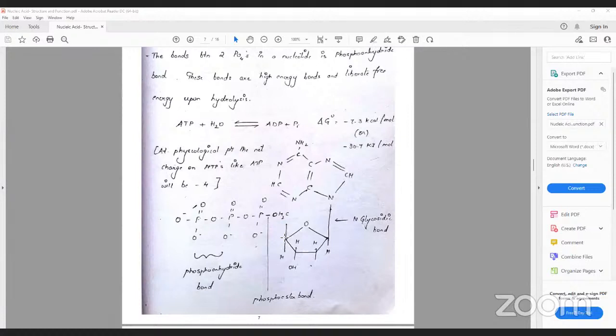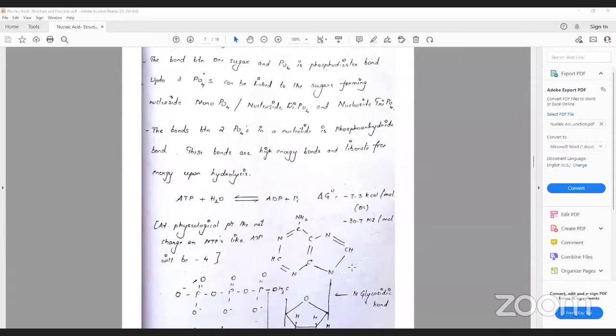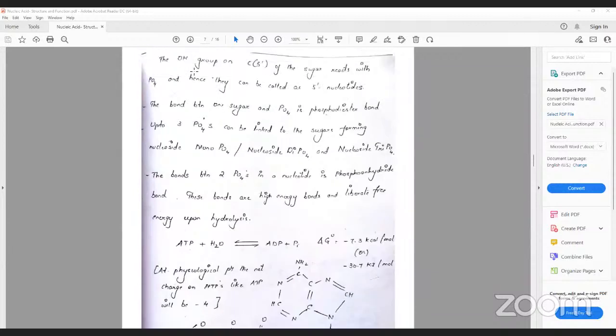The phosphodiester bond is formed when two NTPs are linked together. Here is the structure of a single NTP, meaning nucleotide triphosphate. The OH group on the fifth carbon of the sugar reacts with phosphate, and hence they can be called 5' nucleotides.